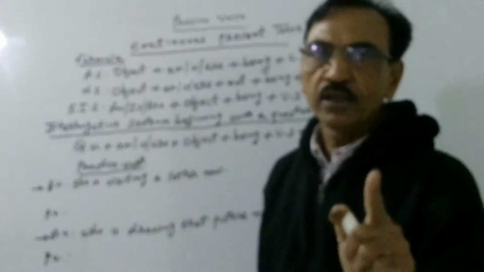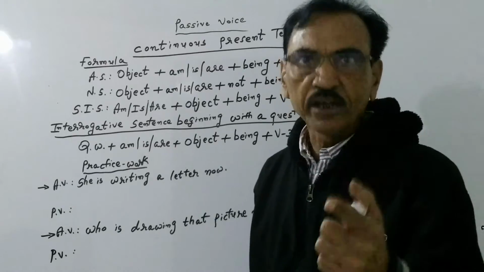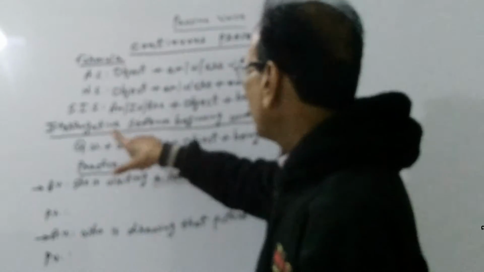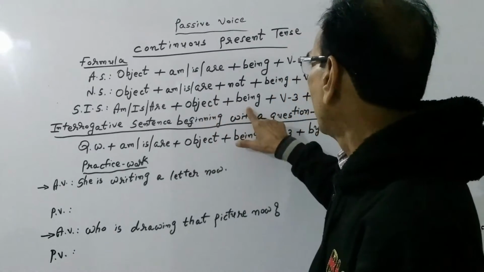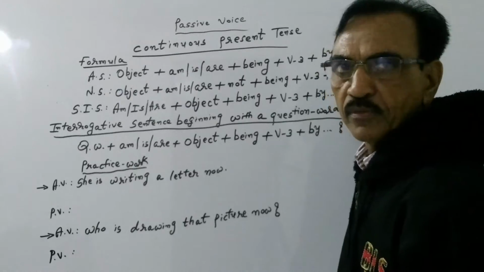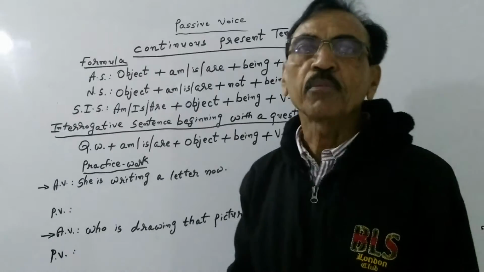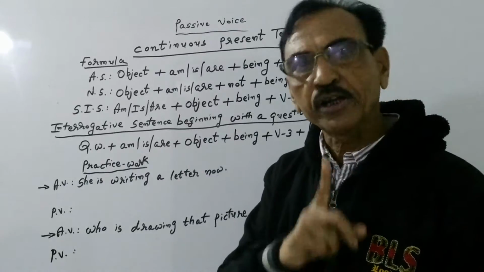In this sentence, the object is a letter. It is in singular form. So I will begin the sentence with: Is a letter being written by you at present? Is it clear, friends? So the interrogative form is retained while changing the sentence from active voice to passive voice.